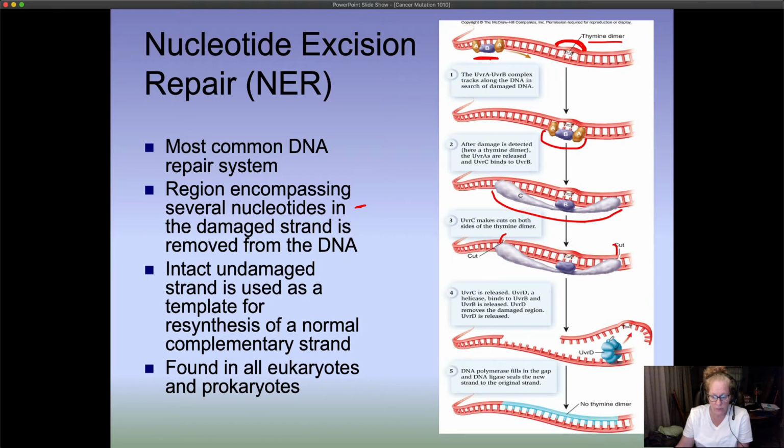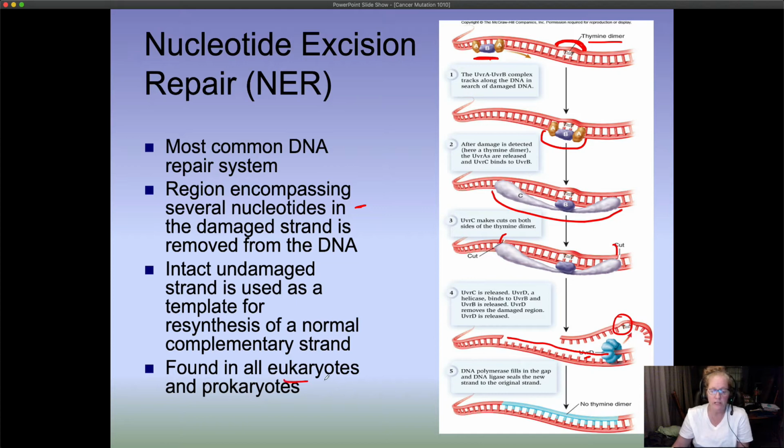When this is removed, because the thymine dimers are detected in that strand, there's another enzyme here that's going to move along and actually break the hydrogen bonds between all of these bases on both sides of where that repair occurred. Now, in excision repair, the undamaged strand is going to remain behind. That's going to serve as the template for the new strand that's coming in for repair.